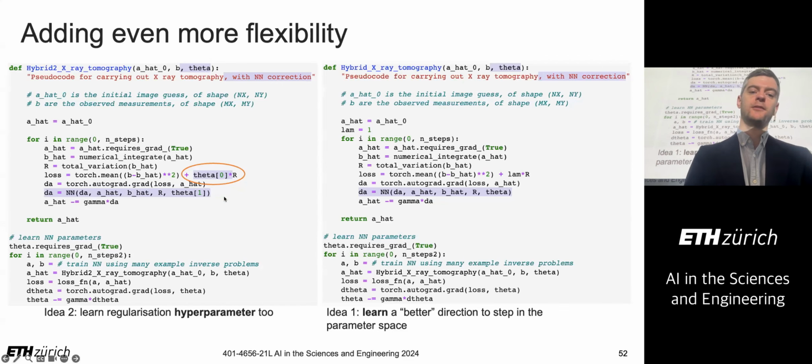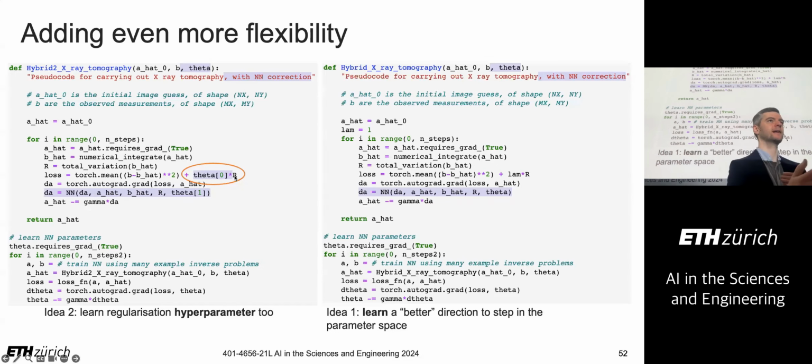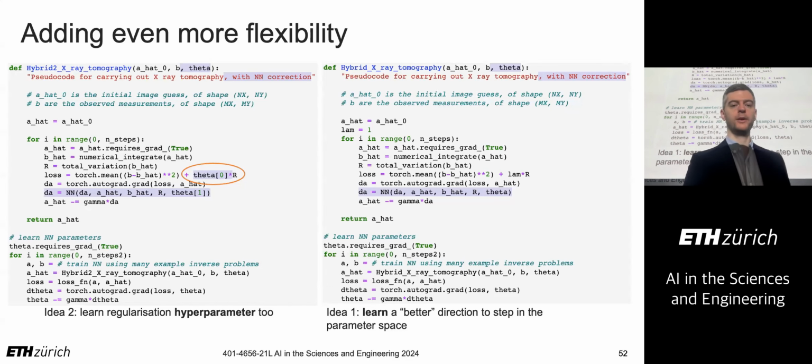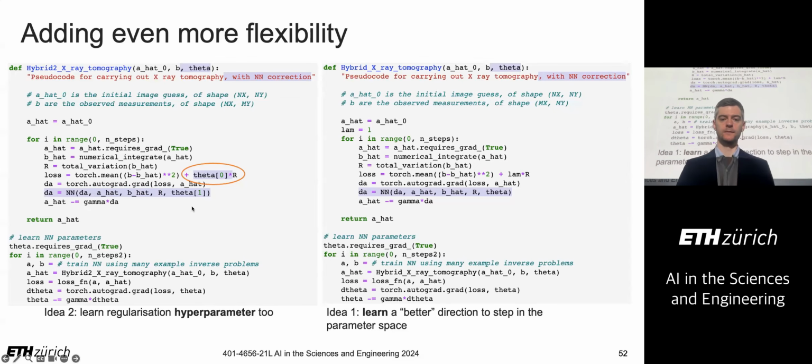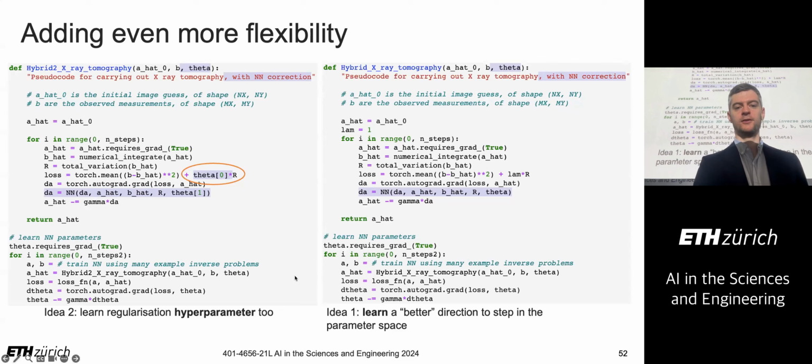We have to choose some kind of weighting of these two different loss terms, and that's a hyperparameter that we would typically scan across just to tune it to work the best. But we could try and learn this in the same way. You could just treat that as a learnable parameter.